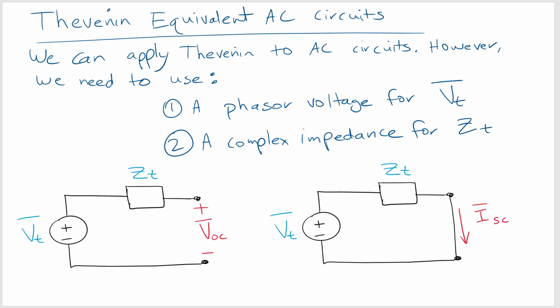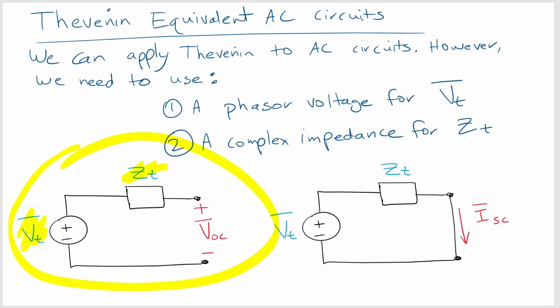So then, we have the basic concept of the Thevenin circuit here. We develop an equivalent circuit with a Thevenin voltage and a Thevenin resistance, and the same properties or characteristics of Thevenin for DC also apply.